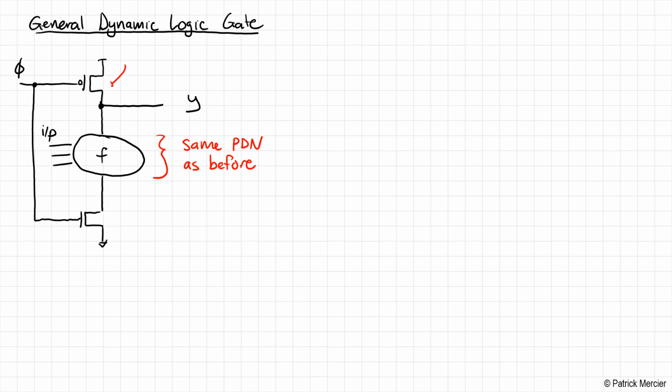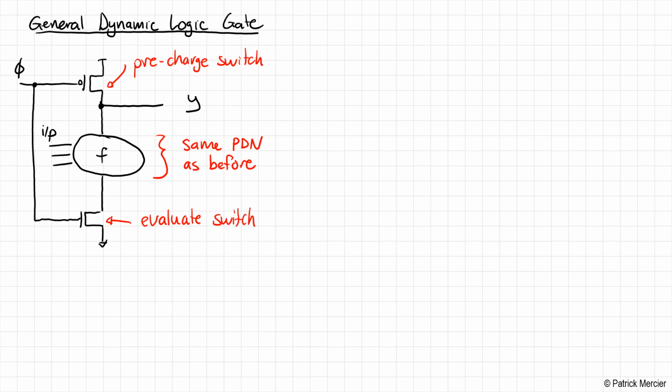On the PMOS side, we have this device called a pre-charge switch, or pre-charge transistor, I suppose. And on the NMOS, below this function, we have what we call an evaluate switch or transistor.